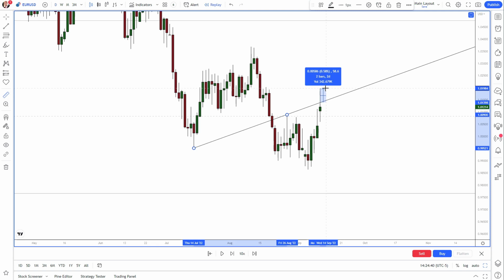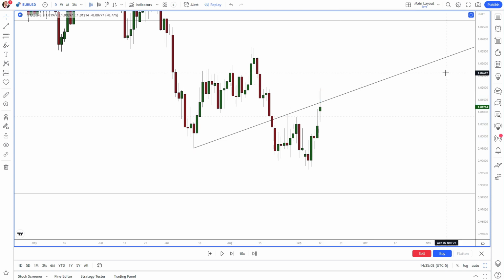So you can see about 58 pips of drawdown on this trade. Now my stop was all the way up here, so we're still okay. The way I would identify if I'm wrong or if I should stay in this trade or exit is if we close above this trend line. We didn't close, so I stayed in this trade and let it play out.